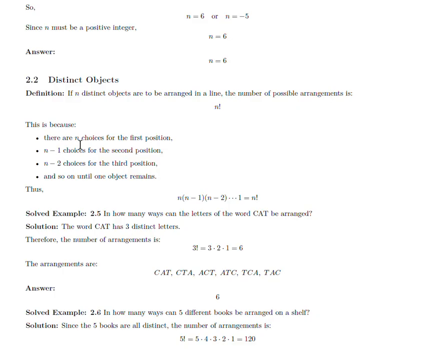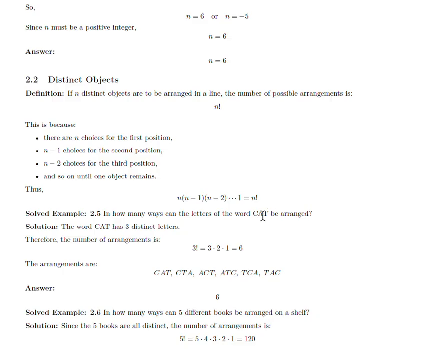This is because there are n choices for the first position, n minus 1 choices for the second position because one position is taken already, n minus 2 choices for the third position because 2 positions, the first and second positions, are taken already, and so on until one object remains, which is this number 1 that you are seeing here. So for example, in how many ways can the letters of the word CAT be arranged?